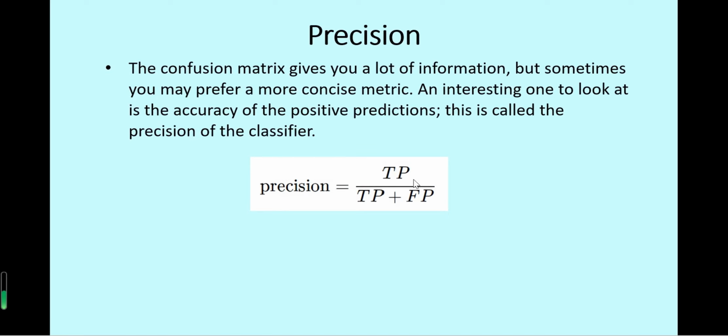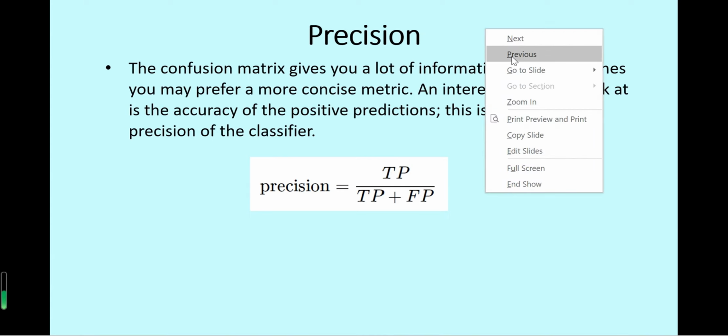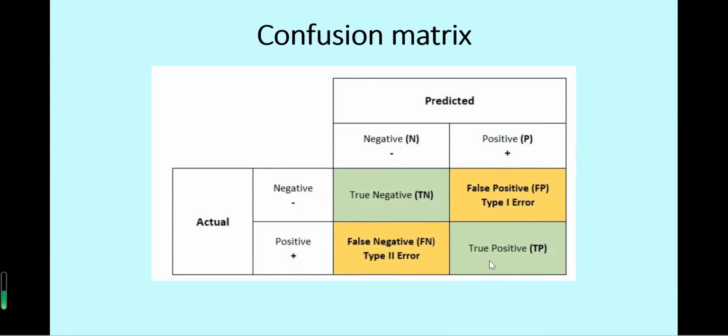From the confusion matrix, we can get two metrics. The first is called precision. Precision is the true positive divided by the true positive plus false positive. If we look at this column, the area of true positive is divided by the sum of false positive and true positive.